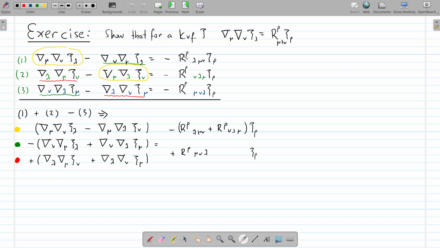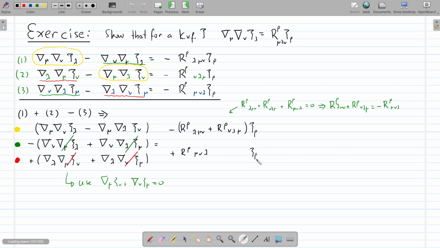Now for the right hand side, we take the first two terms that involve the Riemann tensor, with the indices here being lambda mu nu and nu lambda mu, and the third term here comes with the opposite sign because we subtract equation 3 and we leave it separate. Now there are many cancellations, and they come from the fact that Xi is a Killing vector field.